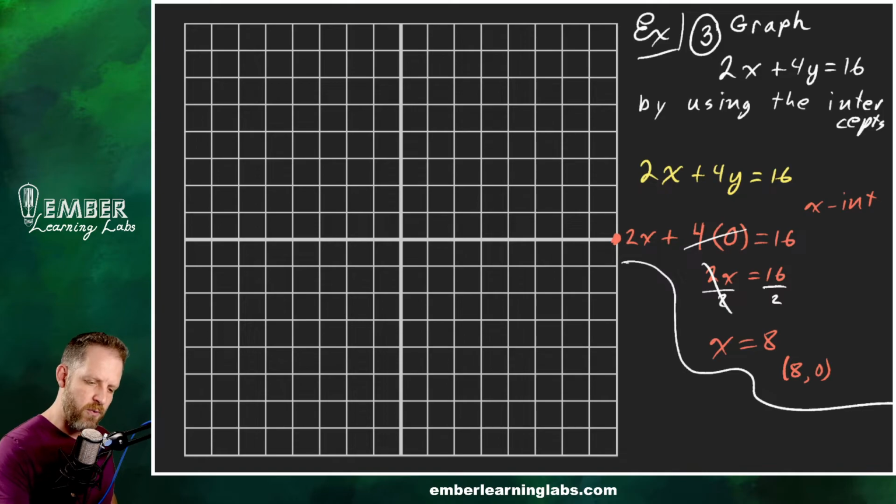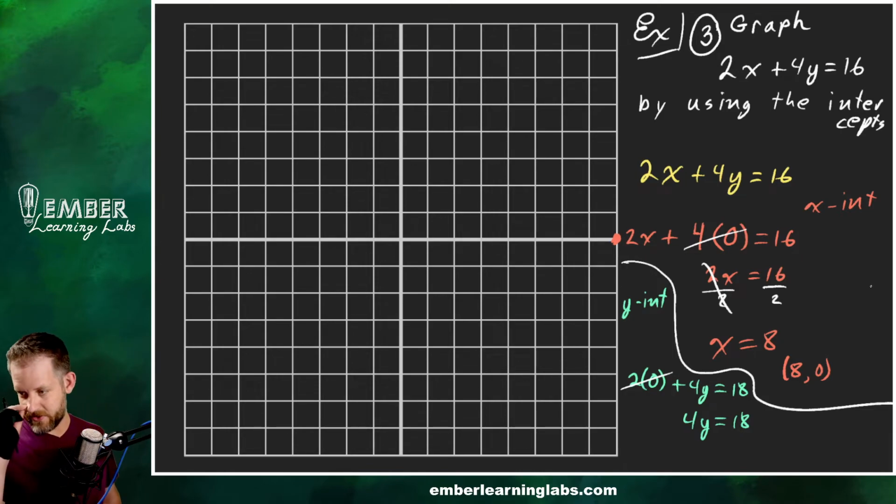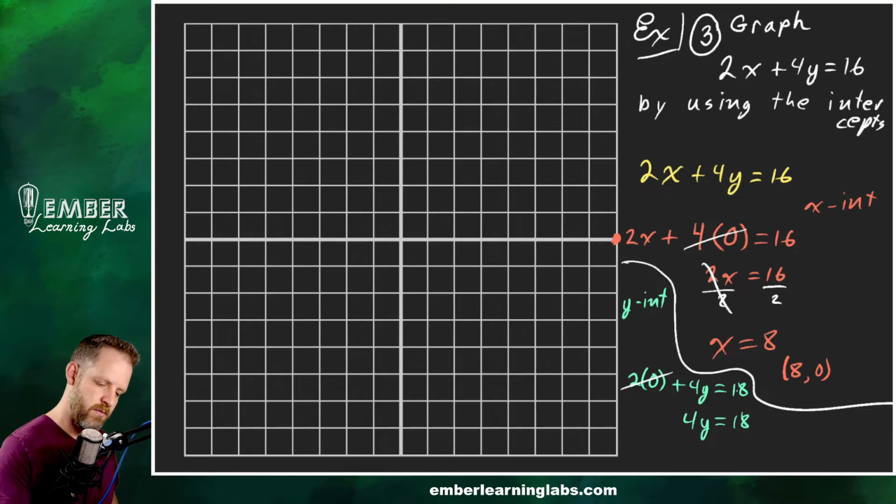So for the y-intercept, we're going to put a 0 in for x and solve for y. So 2 times 0 plus 4y equals 18. 2 times 0 cancels. So we've got 4y equals 18. Then we're going to divide both sides by 4.